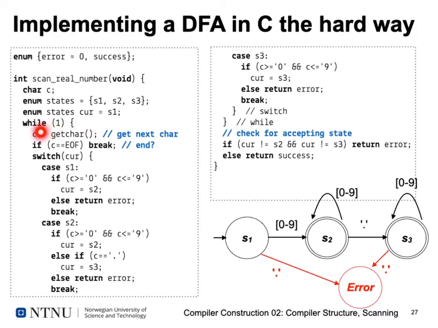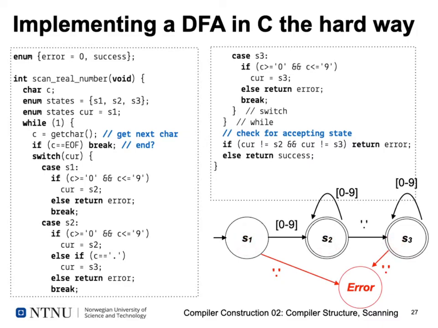So we're here. We read our current character here. It's not the end of file. So now we have a switch statement and check in which state we currently are. So this switch statement actually implements your automaton. It checks, are we currently in S1? This current variable indicates the current state. Is it S1 or is it S2 or is it S3?